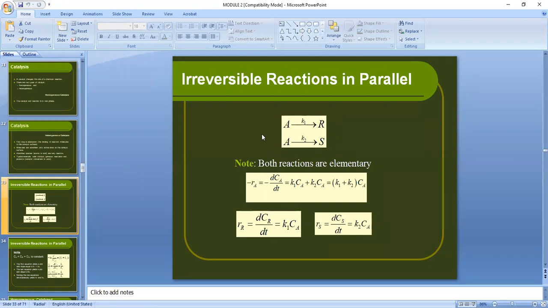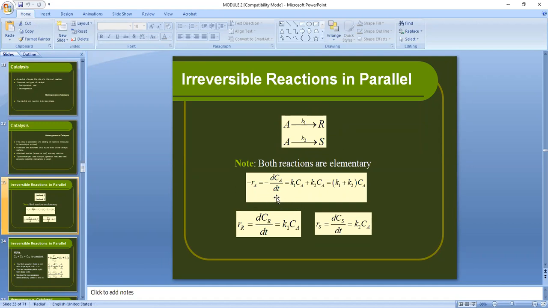You have here a parallel reaction. If you're given a parallel reaction, both reactions are considered elementary. You are to write the net rate equation based on the two simultaneous reactions, which we also call competing reactions.